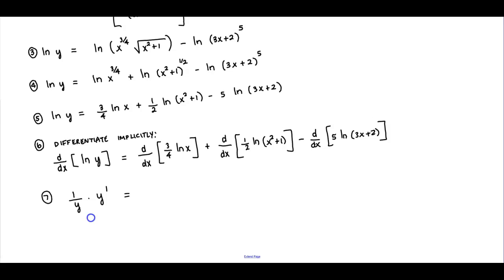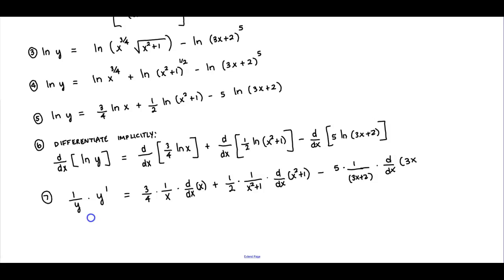And that's going to equal 3/4 times 1 over x times the derivative with respect to x of x, plus 1/2 times 1 over x squared plus 1 times the derivative with respect to x of x squared plus 1, minus 5 times 1 over 3x plus 2 times the derivative with respect to x of 3x plus 2.